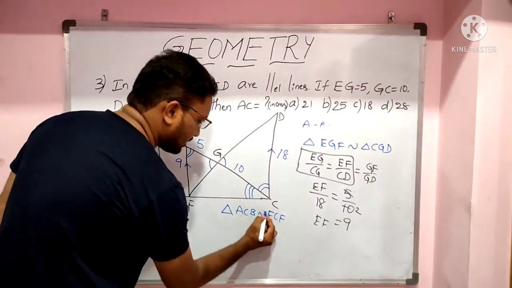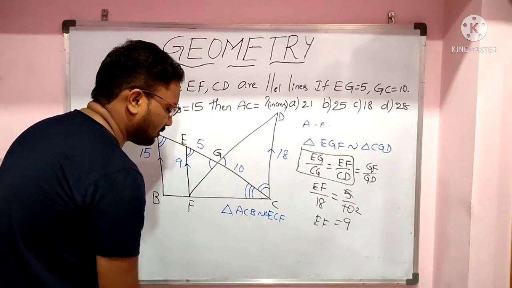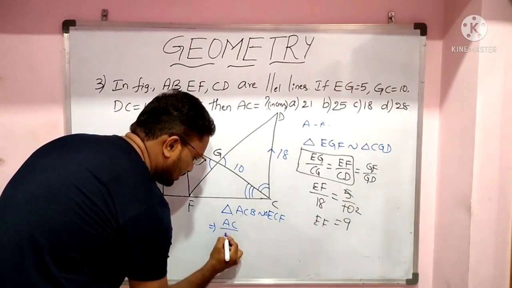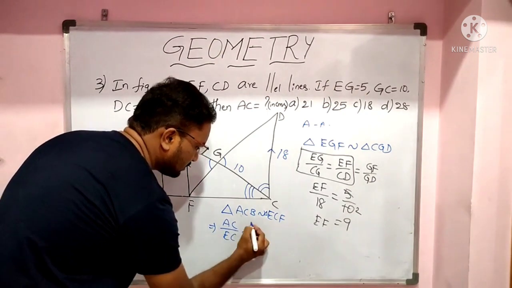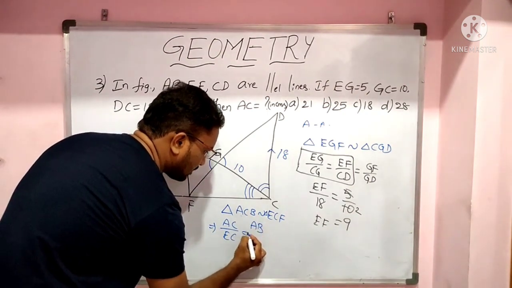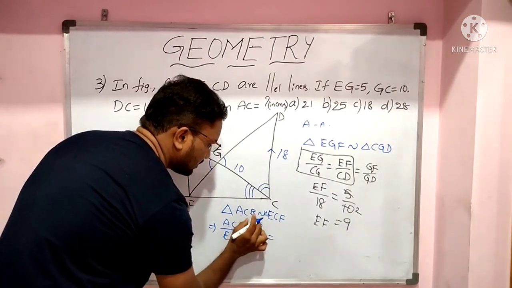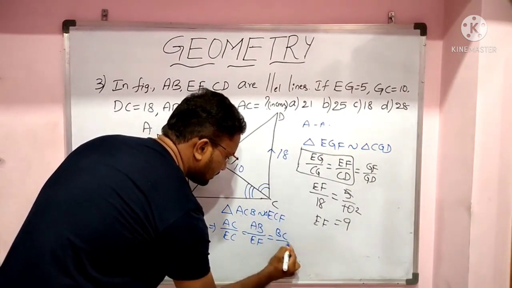If two triangles are similar, then the corresponding ratios of sides are equal. That means AC by EC is equal to AB by EF is equal to BC by CF.